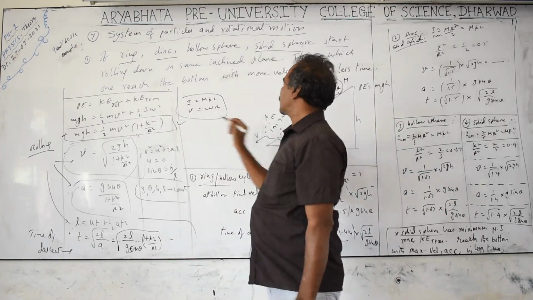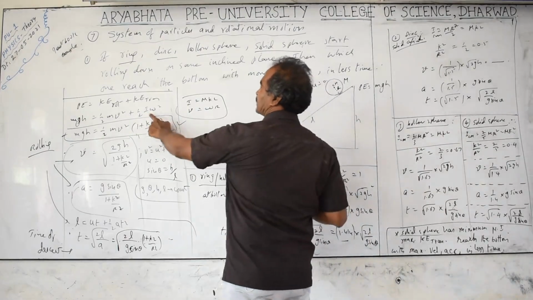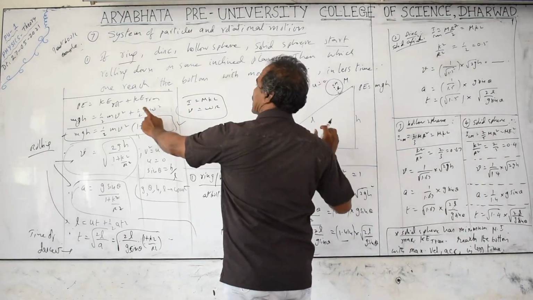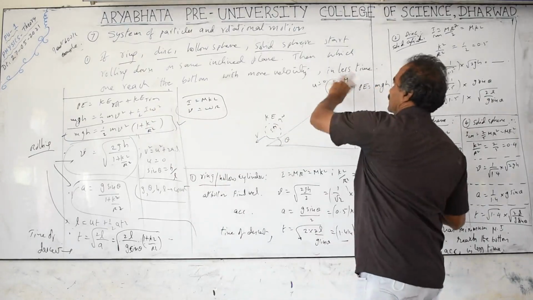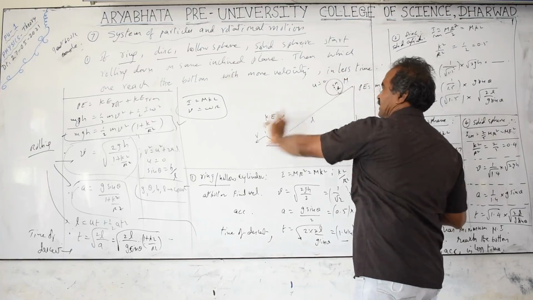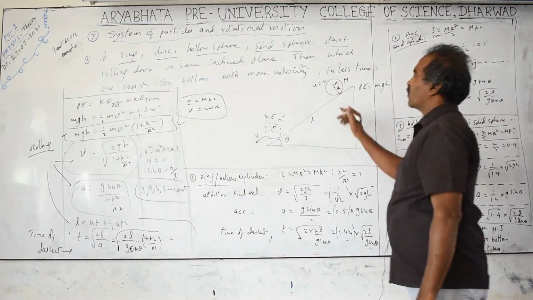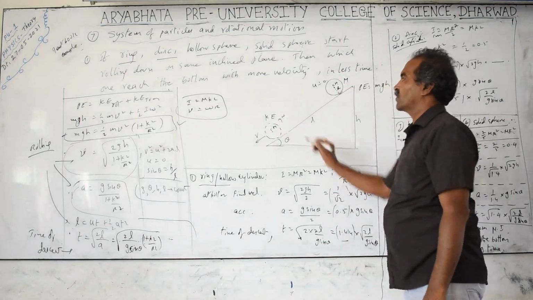And in the case of the solid sphere, I is minimum. When I is minimum, omega is maximum. For hollow spheres, I is maximum, omega is minimum. Therefore the solid sphere has less rotation about its own axis, but more translatory motion. Whereas in the case of hollow objects, there is more rotation and less movement in the forward direction, which means v is less and omega is more.